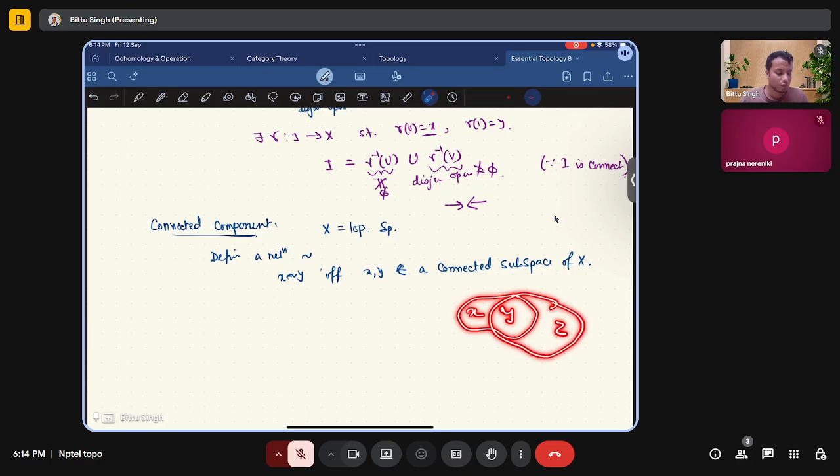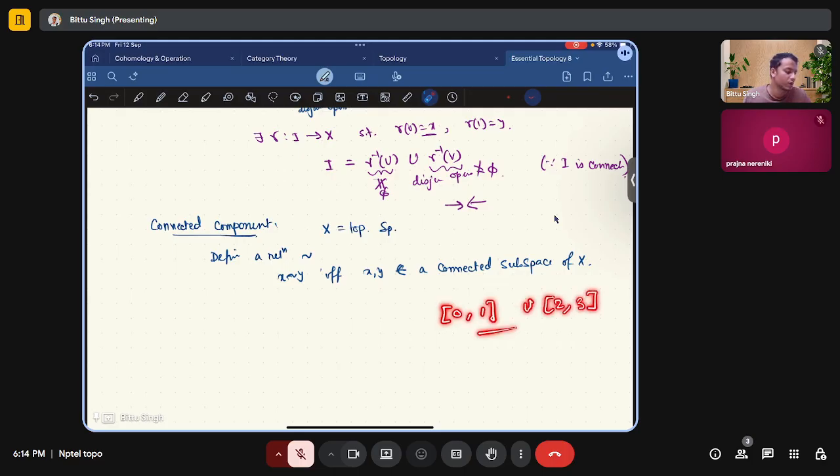If a and b are two connected subspaces which have a common point, here y is the common point, then the union a union b will be connected. Union of two connected subspaces may not be connected, for example, 0 1 union 2 3.